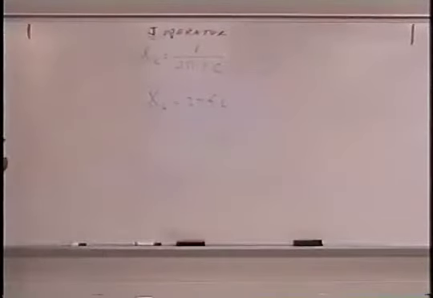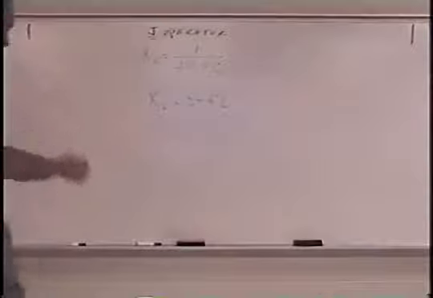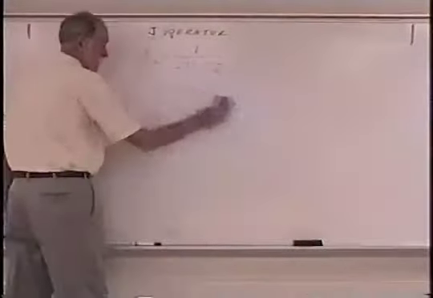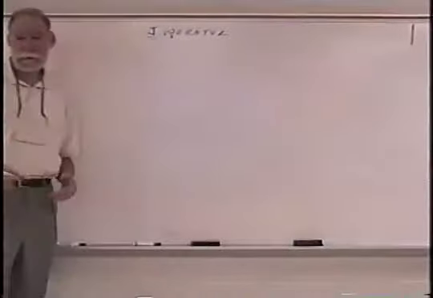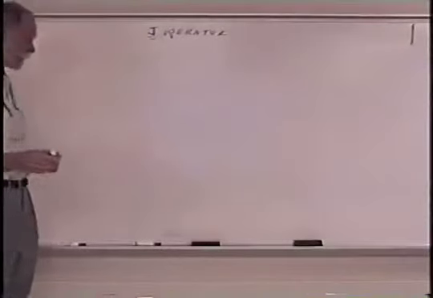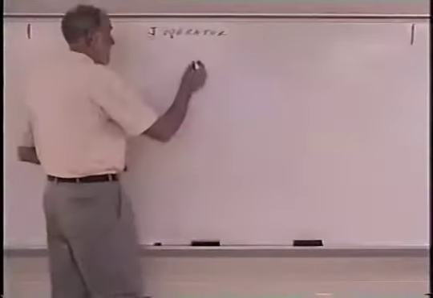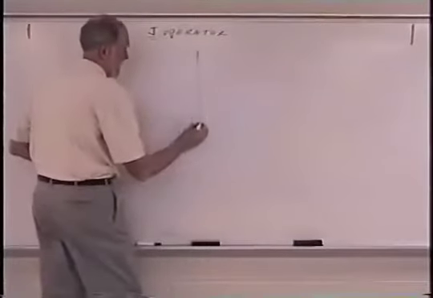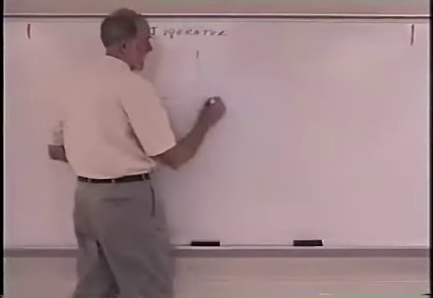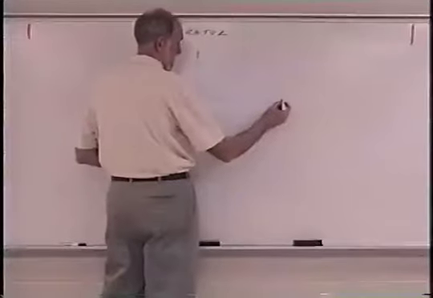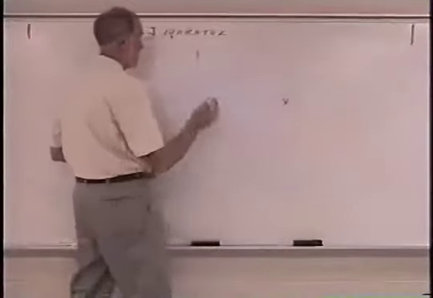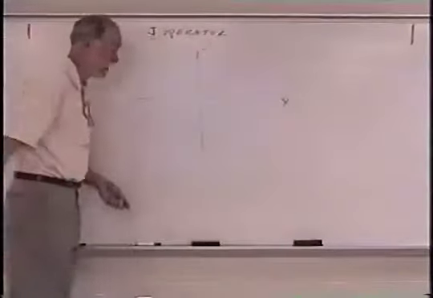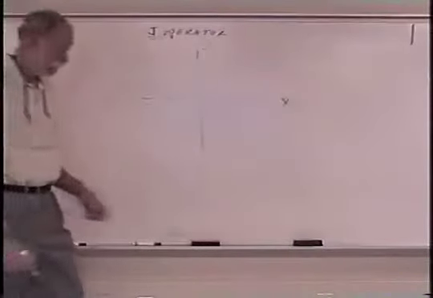Okay, now then, when we plot these things on a graph, and graphs are very useful in AC electronics because they allow us to actually visualize what's going on. If I go ahead and plot an XY axis, normally I would refer to this as the x-axis and this is the y-axis.